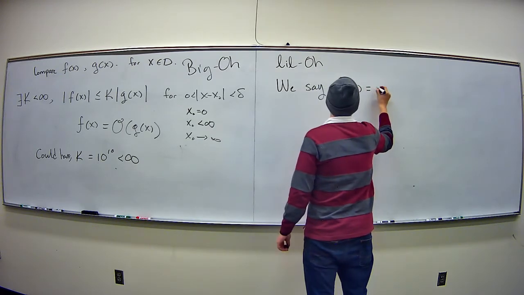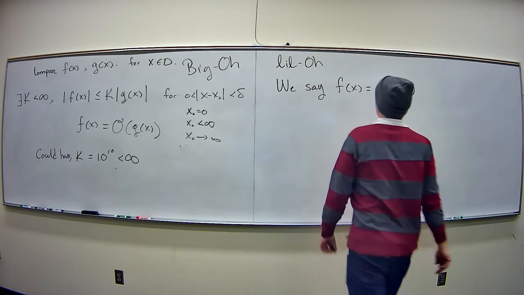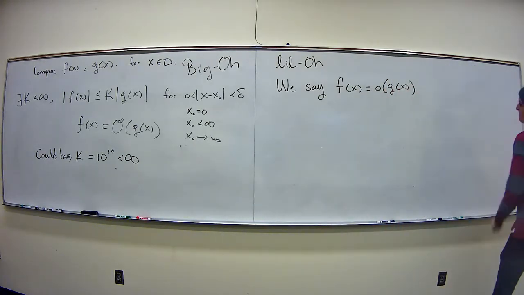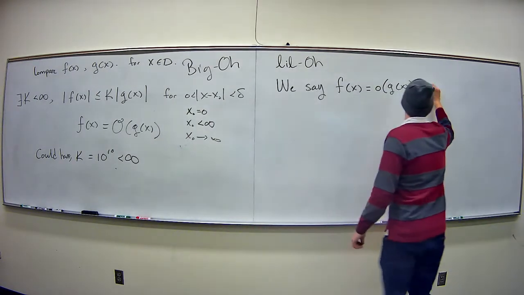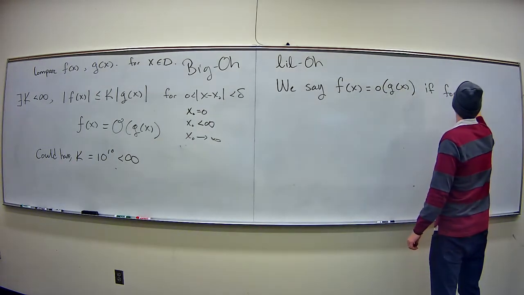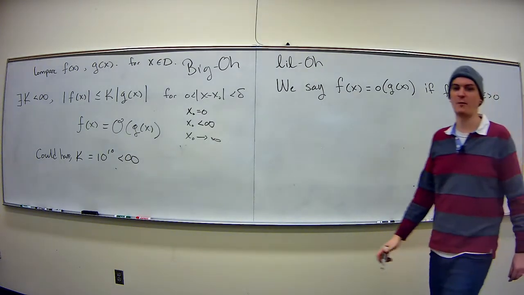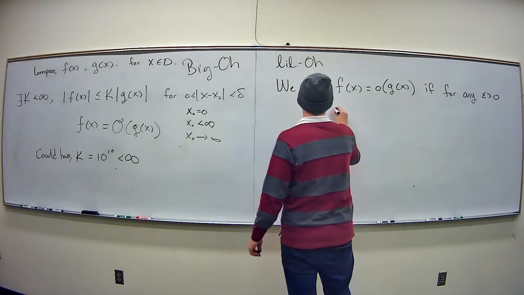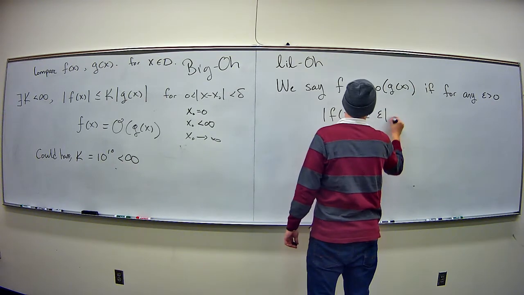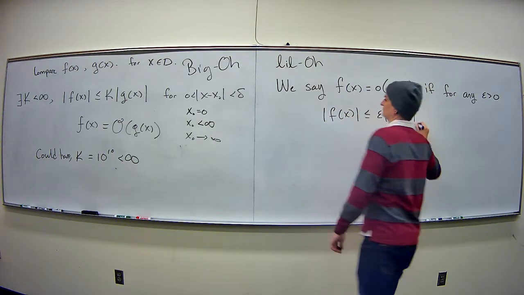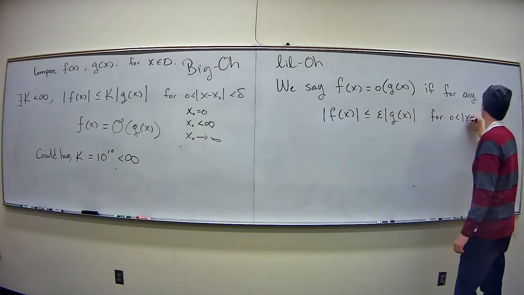We say that f is little o of g if it really holds the exact same expression for any positive number, for arbitrarily small, this still holds. And again, with this qualifier here.